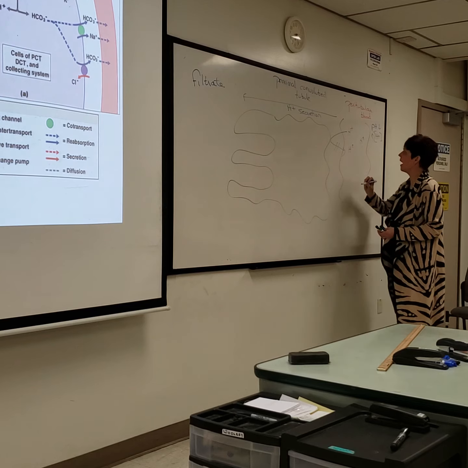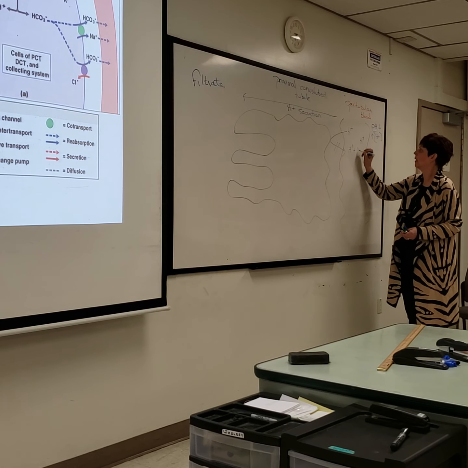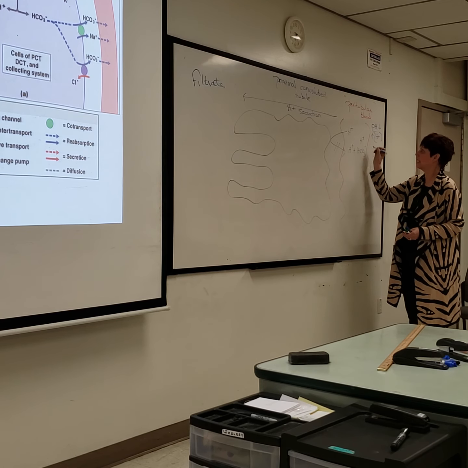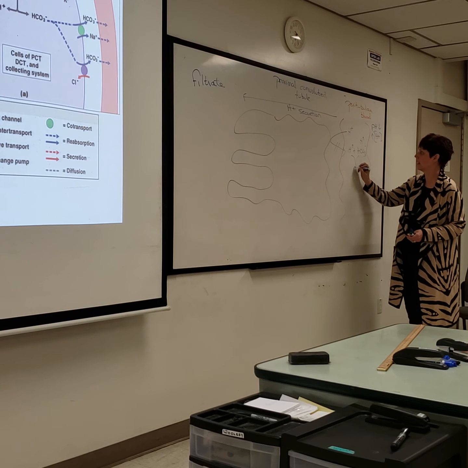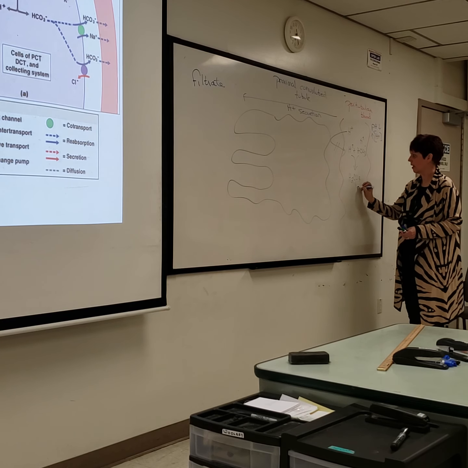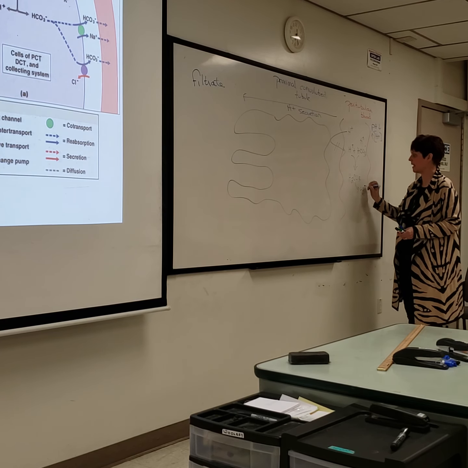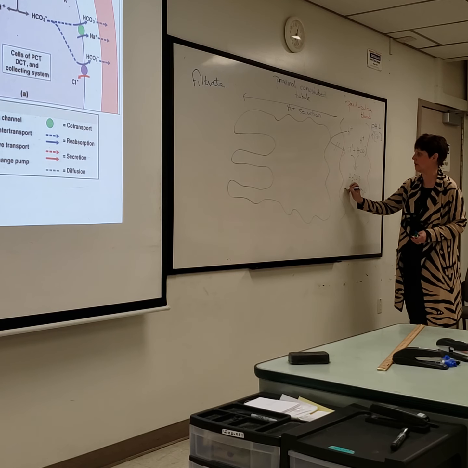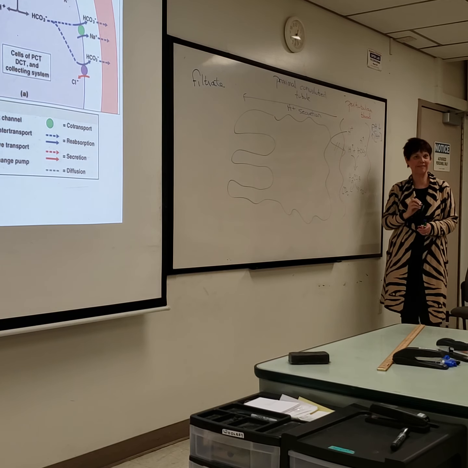So we take hydrogen ions plus bicarbonate ions, and that makes our carbonic acid, which we can get our gas from by dissociating it to carbon dioxide.